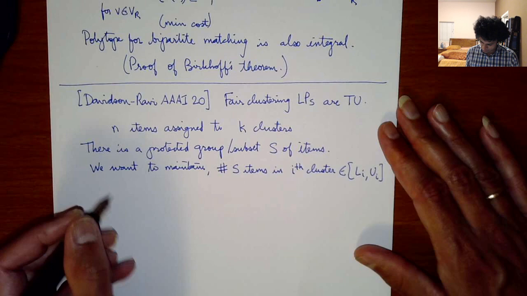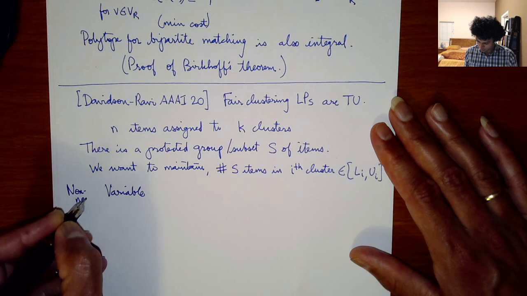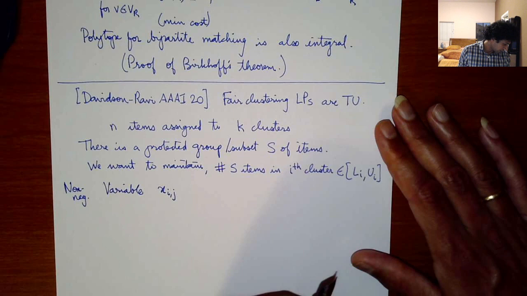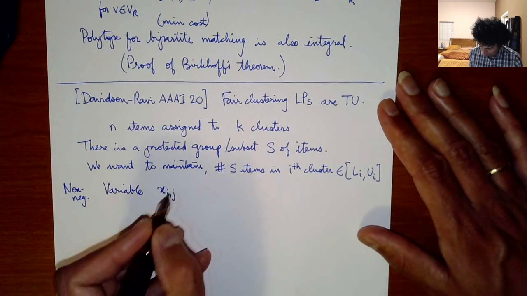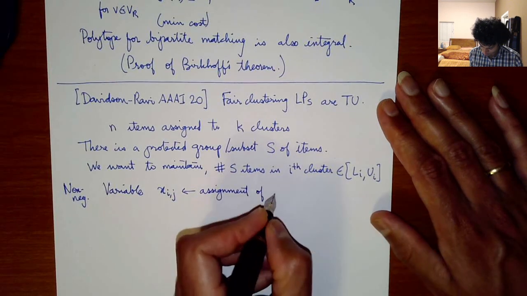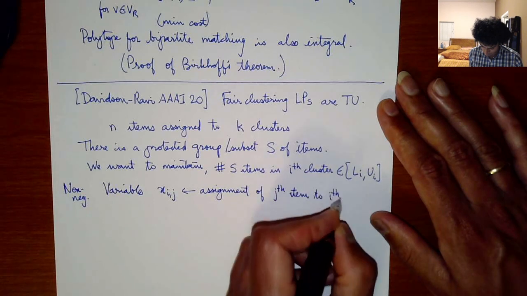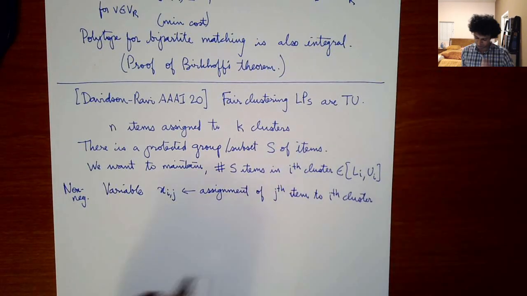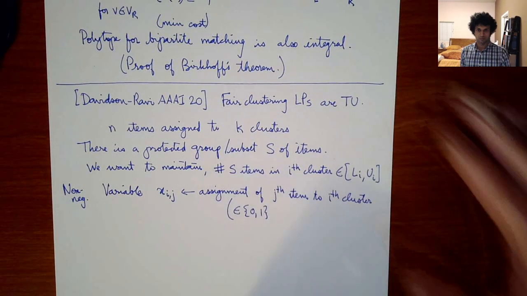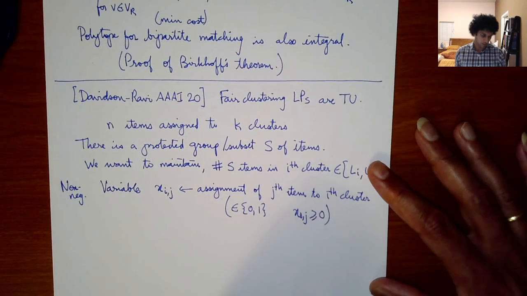So you have a non-negative variable x_ij, which is just the assignment of the jth item to the ith cluster. So think of this as supposed to be 0 or 1. This is like an indicator, right? That would give an integer program, but we are simply going to only have a non-negativity constraint.